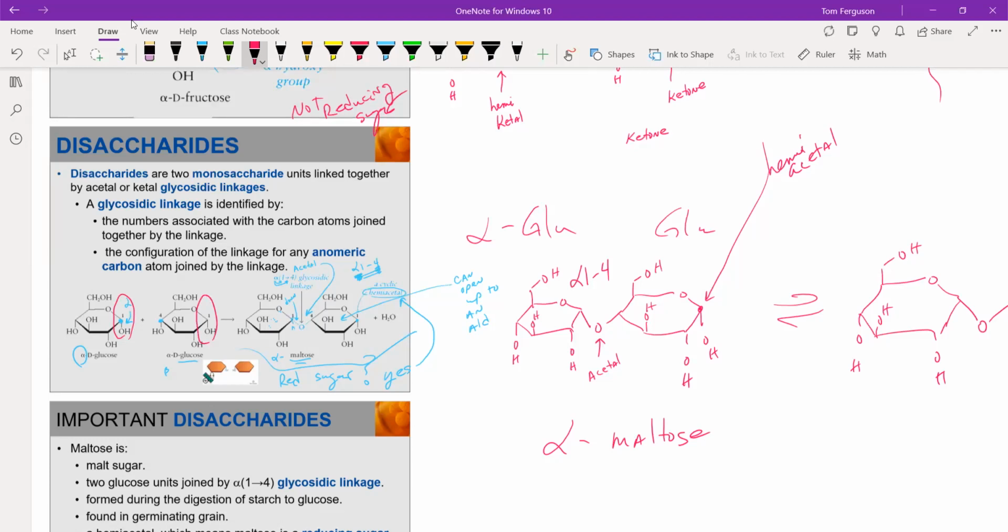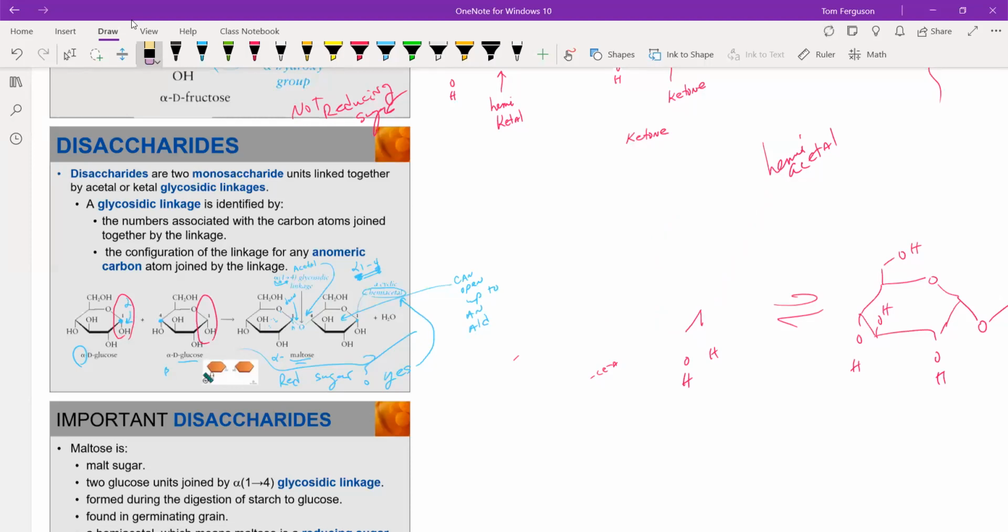So let's get some room here. Now, one of the disaccharides that I want you to know is maltose.